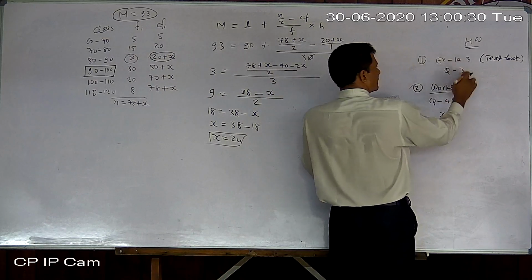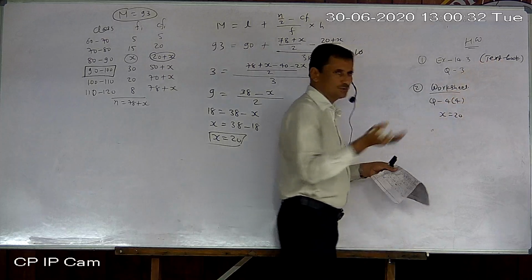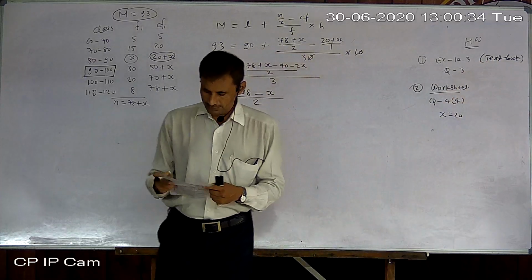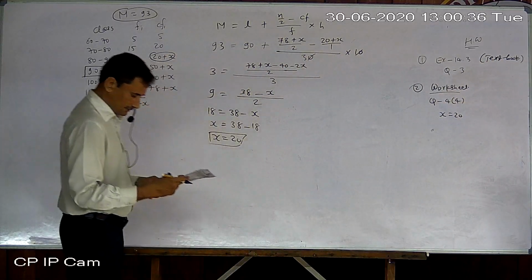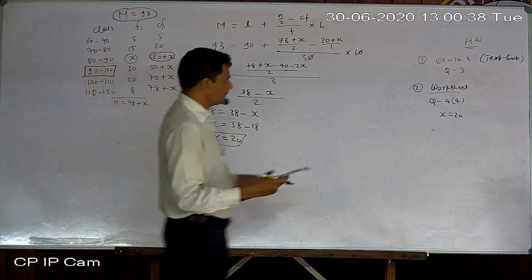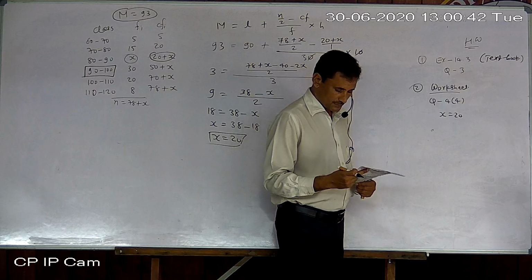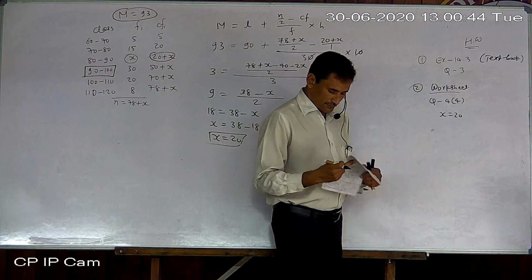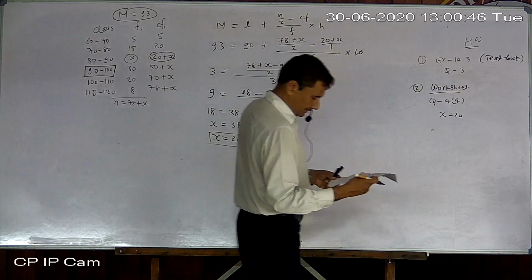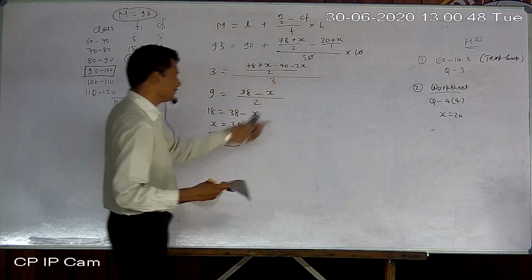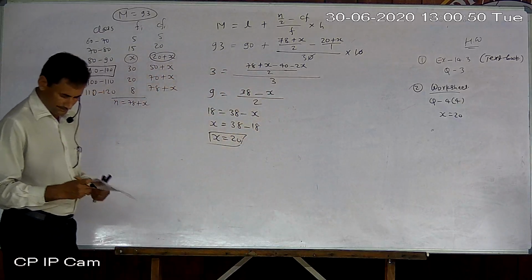I have not given the answer of this because it is from the textbook, so you have the textbook answer. So no need to give the answer of that question. But in this question x will be 20. So be careful to find how it becomes 20. Just like mine, here also 20. There is no relation between the two.